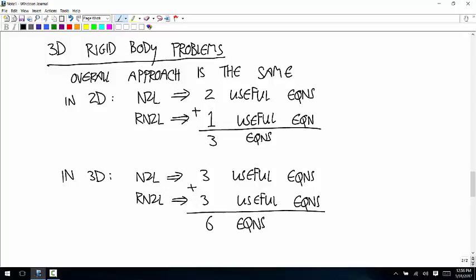By the way, that might give you sort of the idea like, oh, well, if we don't have enough equations for the number of variables in 2D, let's try doing it as a 3D problem. We get more equations. But it doesn't work like that because when we do a problem in 2D, we're already saying that the motion is all limited to 2 dimensions.